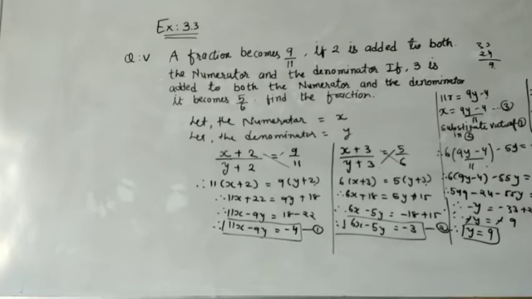So let us do the subtraction: 81 minus 4, we have to borrow, it will become 7 and this will become 11, 11 minus 4 is 7, so it will become 77. So 77 by 11 we are getting.